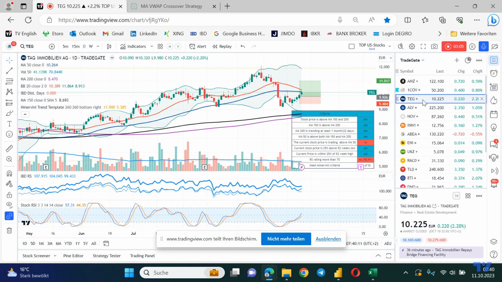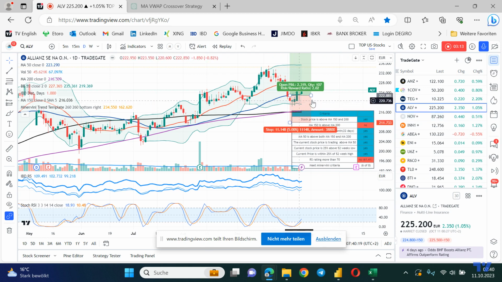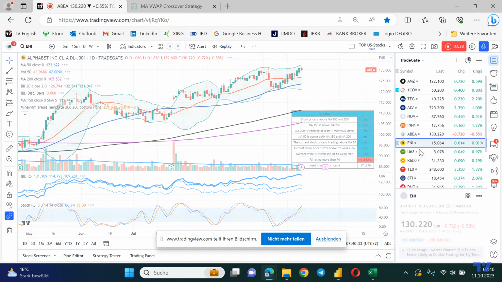Nice. Looking, watching out for now. This is not in an oversold position any longer. This ALV is also in our portfolio now. It had some nice gains over the last couple of days, so it's no longer really oversold. So we're gonna skip that. Skip that.